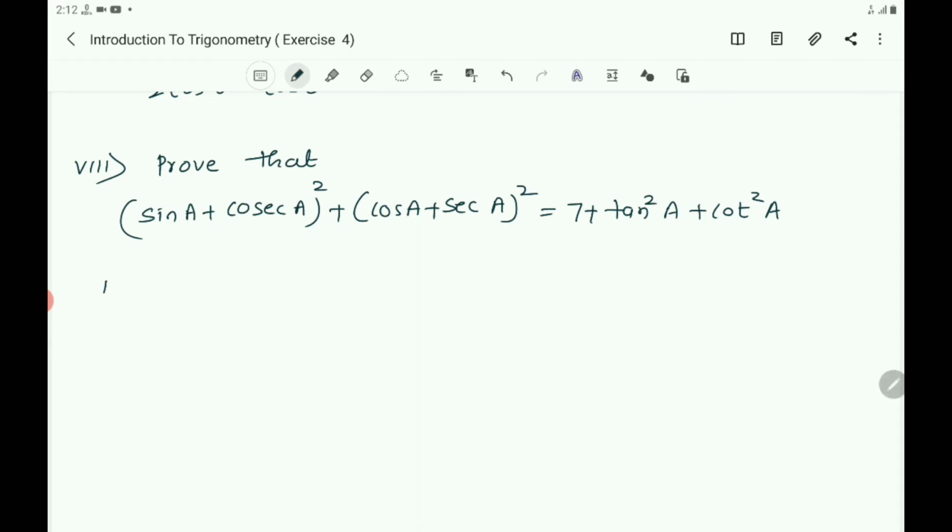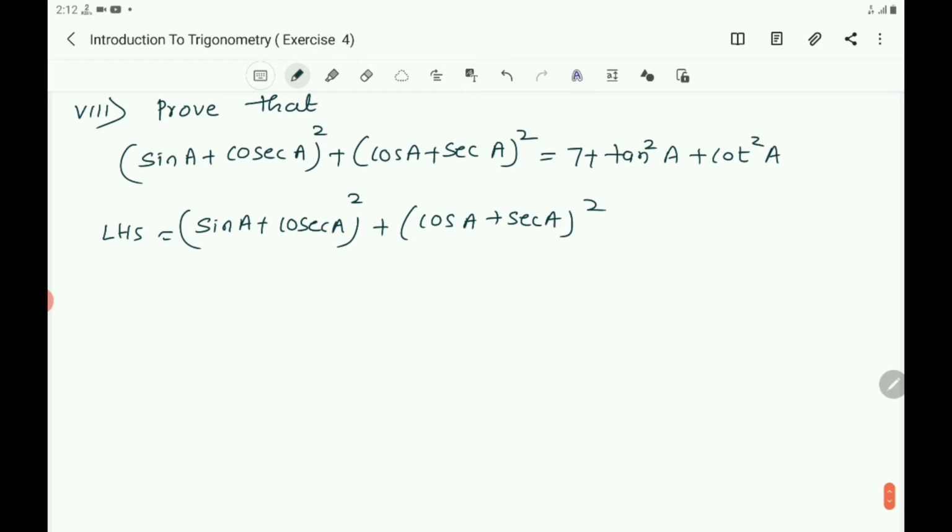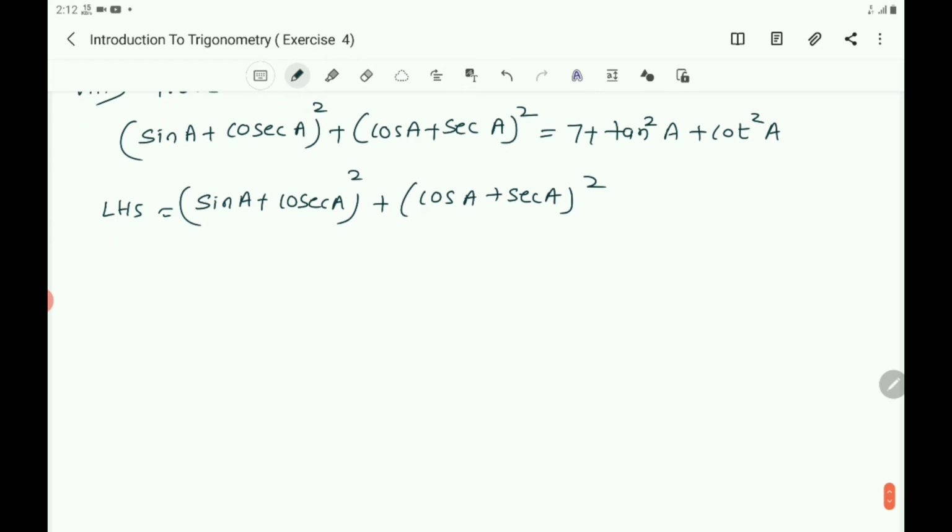Now you consider the LHS. LHS equals sin A plus cosec A whole square plus cos A plus secant A whole square. Then you expand it. What is the expansion of sin A plus cosec A whole square?